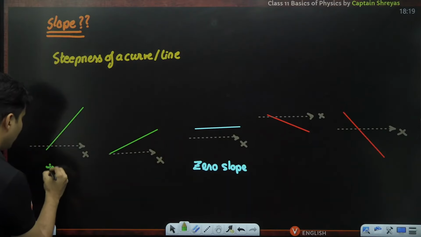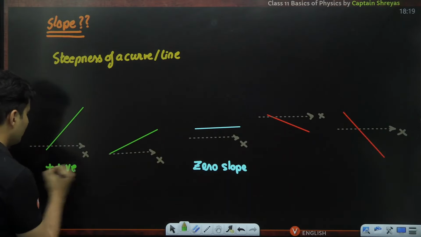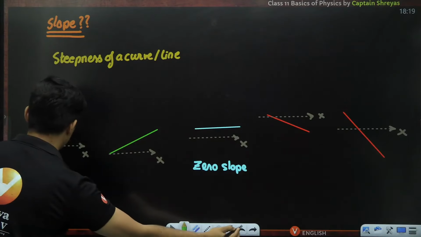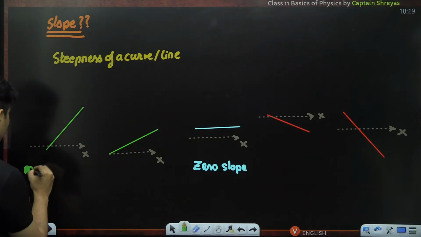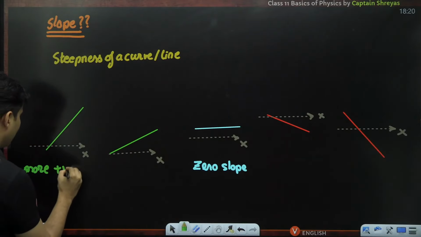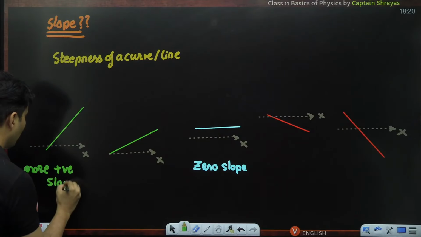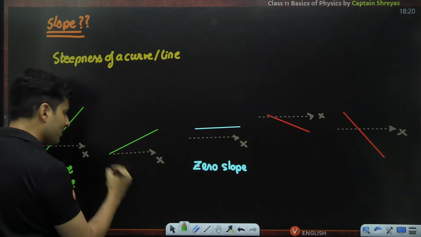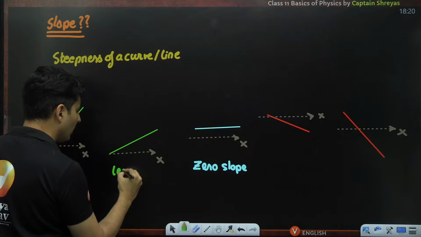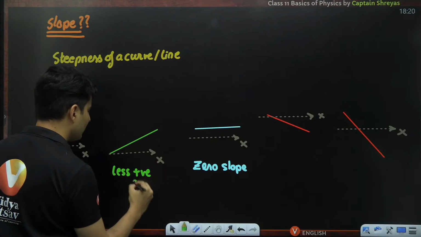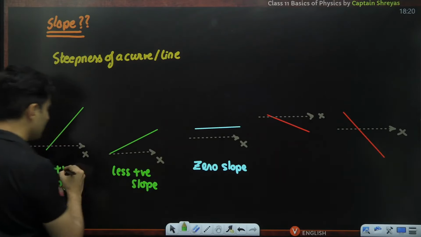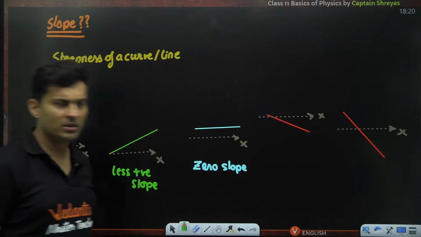So this is heavily positive slope, more positive slope. Here, this is positive, but not as much, so less positive slope. Not as much as this one, but slightly positive.